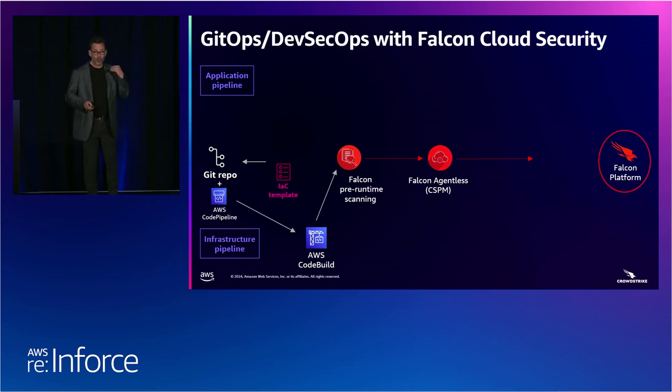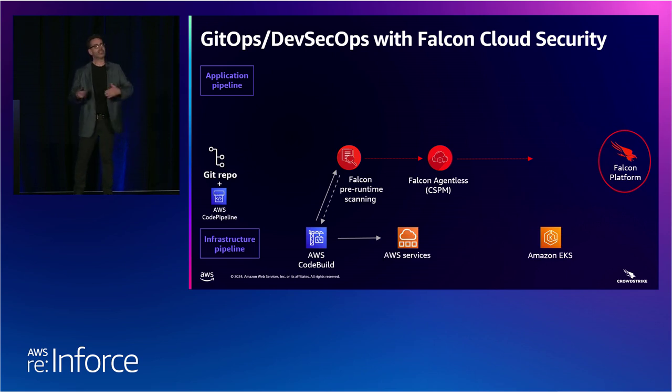That CodeBuild will set off that infrastructure as code pipeline scanning. Again, we're looking for best practices. We're looking for potential vulnerabilities. If you deploy that infrastructure as code to build AWS services, we want to make sure that you're building the services securely. If it succeeds, then it passes to the next step in your build pipeline. It builds AWS services, in this case, including EKS.